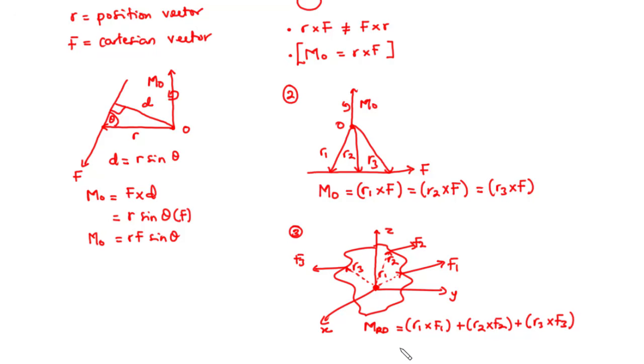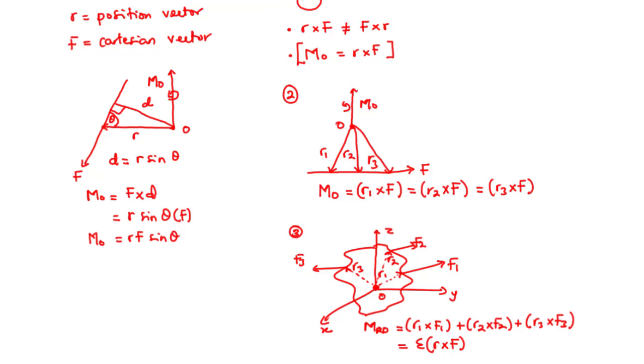So basically, the resultant moment acting on the body is given as the summation of the position vector R times the force F, represented as a Cartesian vector.